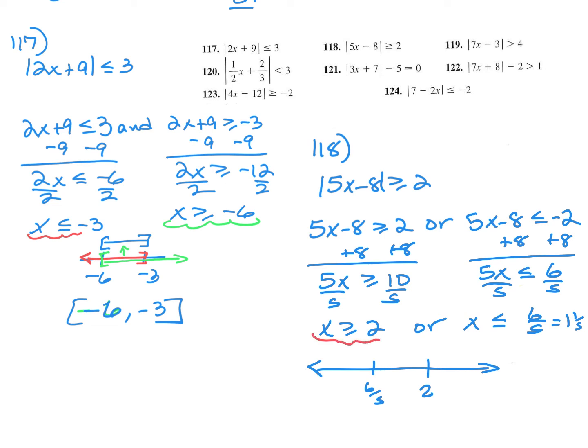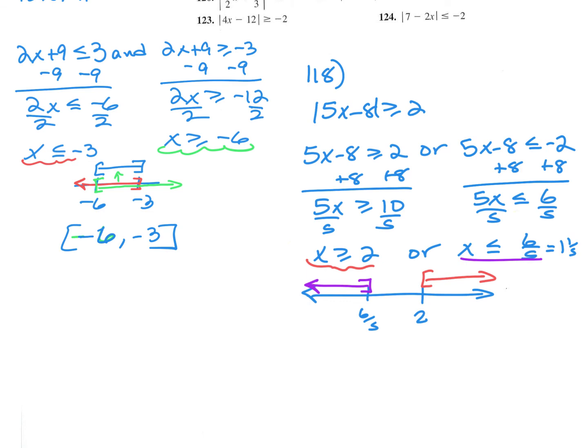So this one would have been a bracket going this way, and this one would be a bracket going this way. And again, it's an or, so it should be pointing in opposite directions. So again, negative infinity's here, infinity's here. So from negative infinity up to 6 over 5 with a bracket around that, but infinity gets a parenthesis, and then a bracket around 2 going to positive infinity.